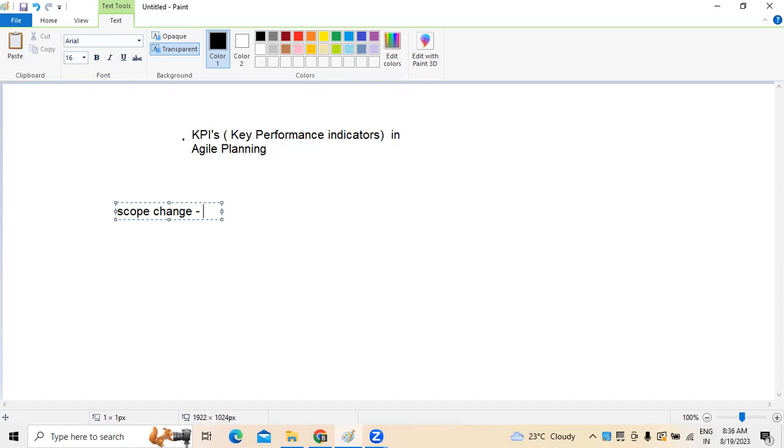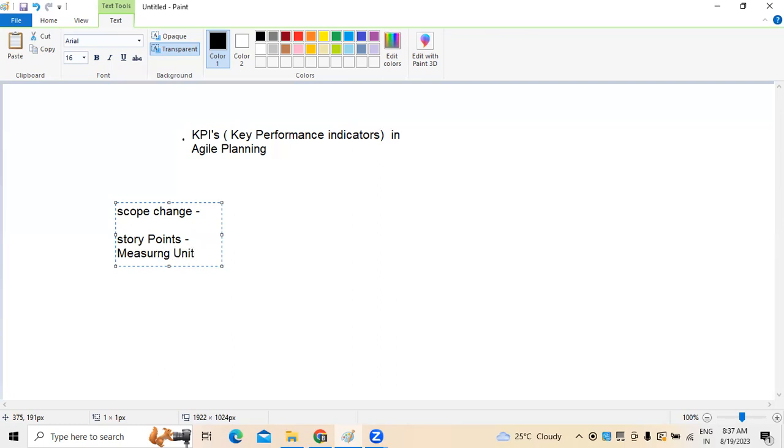So I'll be taking an example so that you will understand how to calculate the scope change. For this scope change, I'm taking user story points, story points as a measuring unit, right?